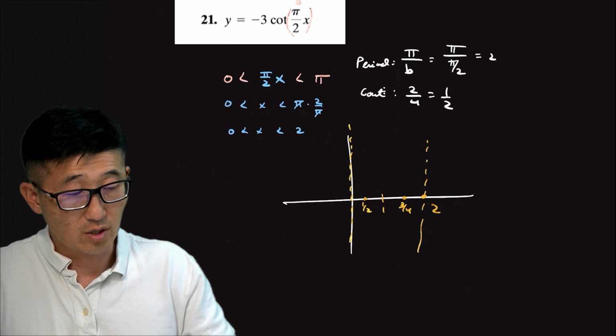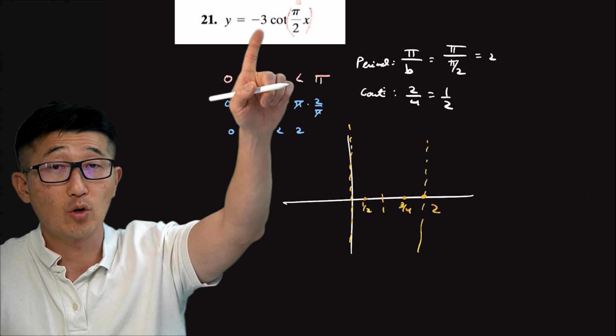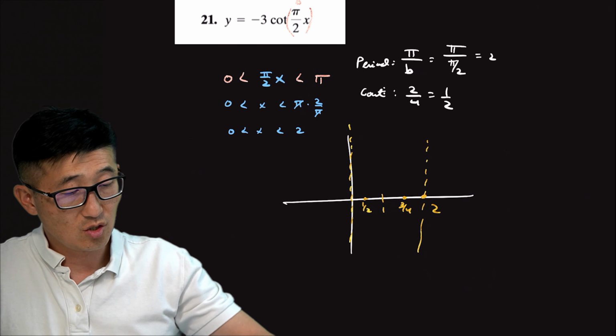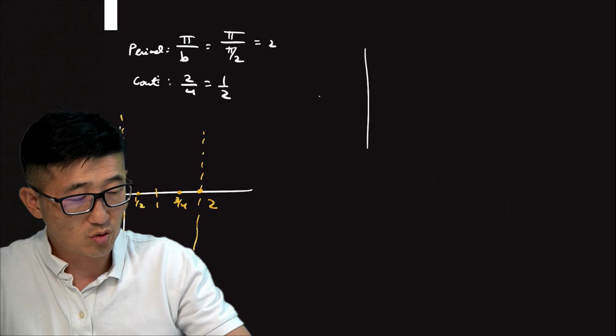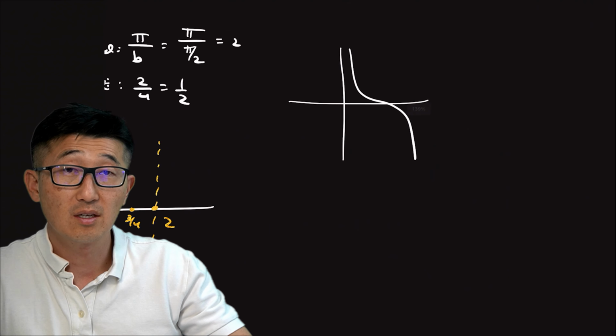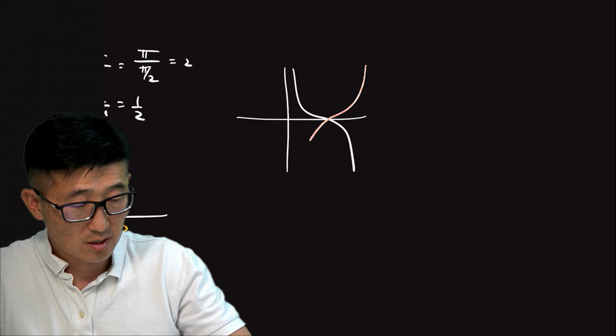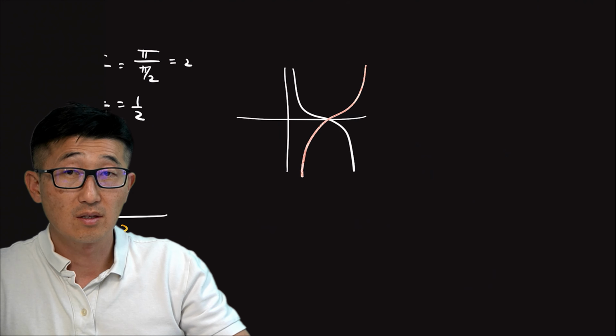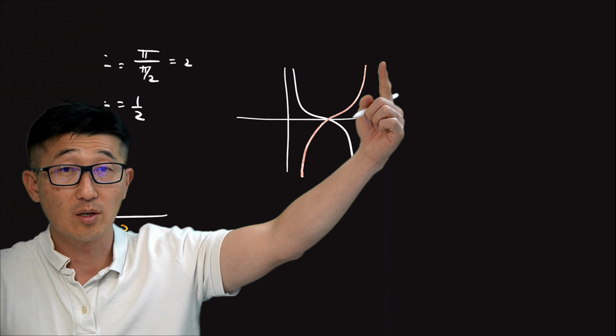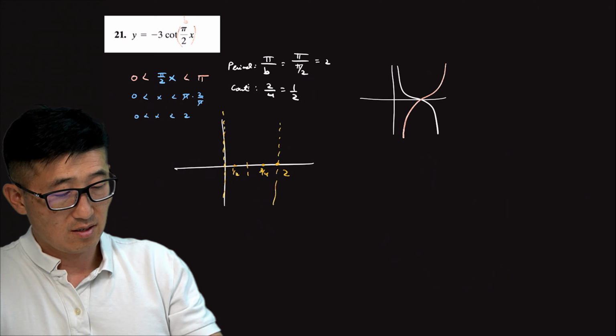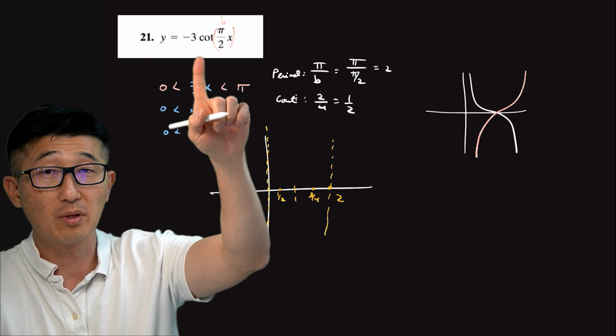Now the coefficient in front is -3. Cotangent graphs will do this: if it's negative, it's got to go the other way, the opposite way. So the negative cotangent acts like a tangent. You see that? Let's apply this 3 right here.